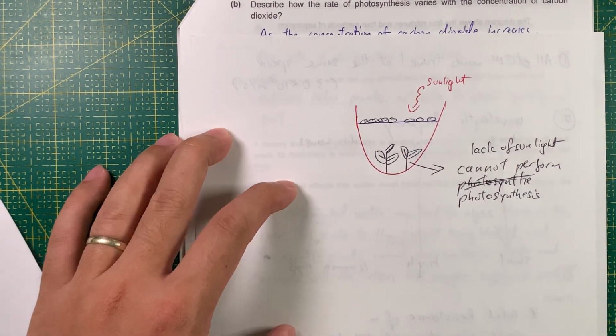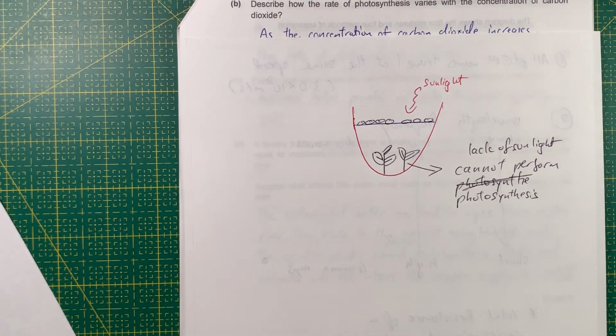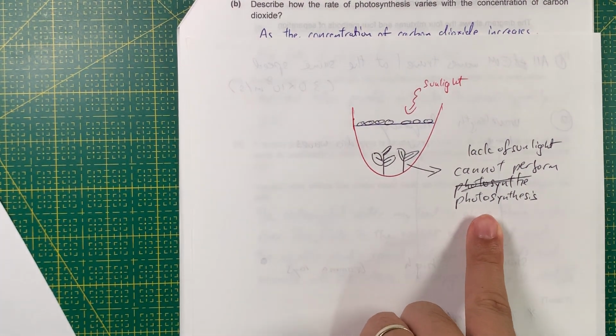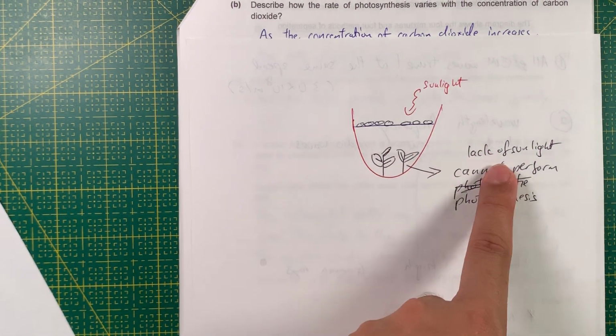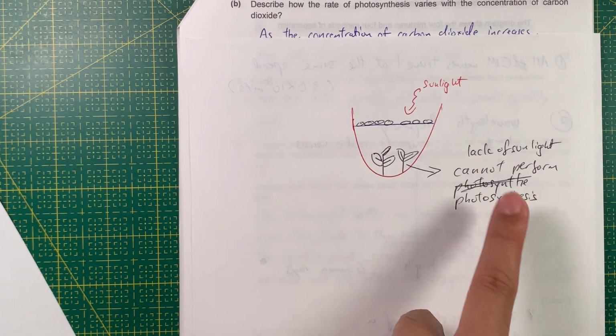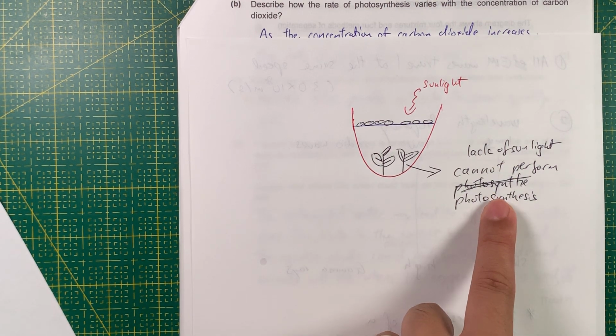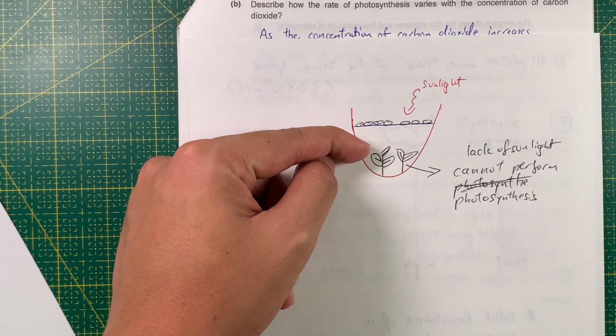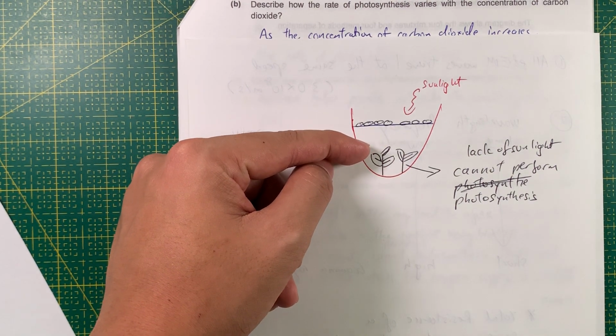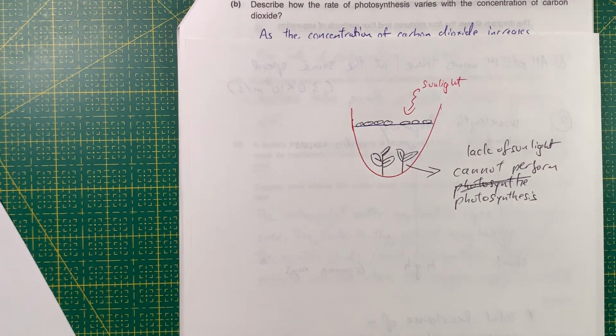So you have to remember this. Why? Because we know that photosynthesis produces oxygen. So if there is lack of sunlight, the plants cannot perform photosynthesis, which means the oxygen in the water is not replenished, is not returned. So there is no additional oxygen.